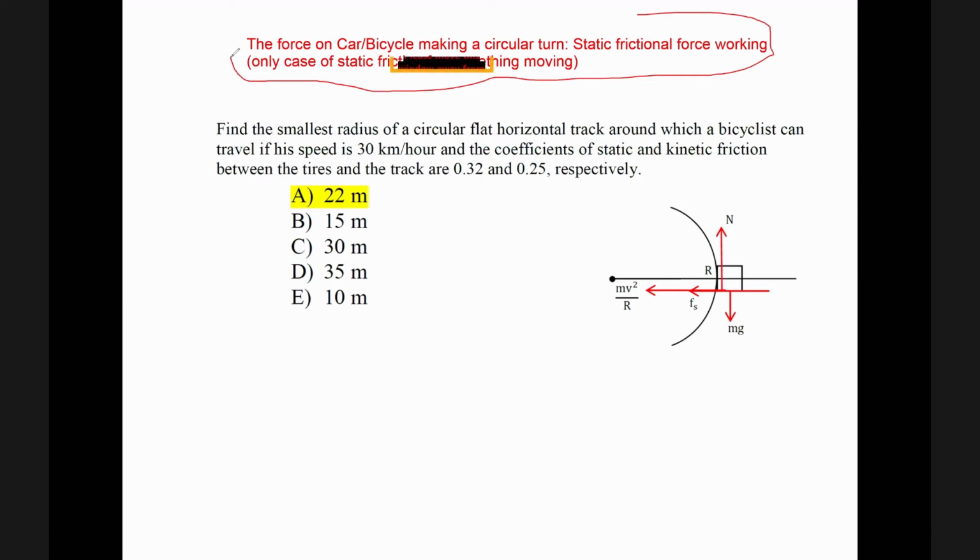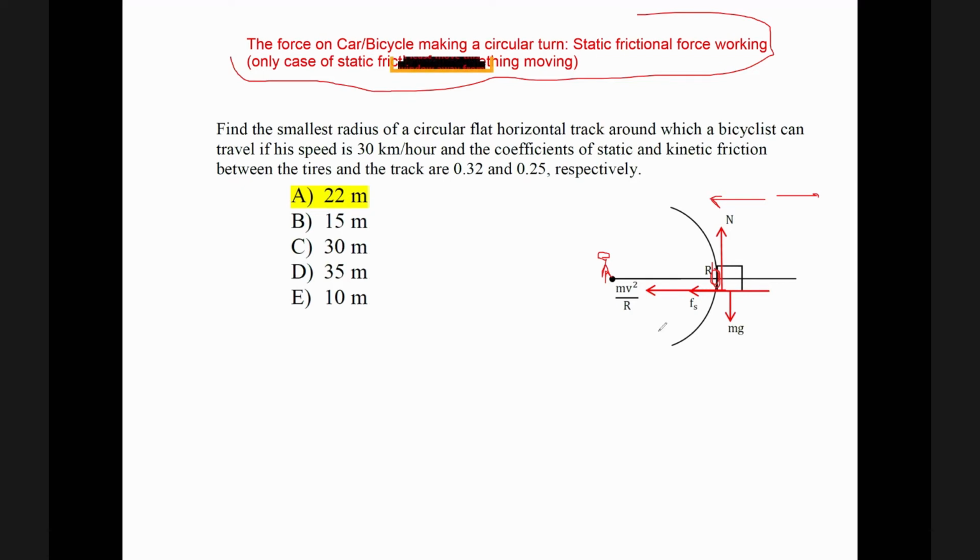Why static? Because if somebody is standing at the center, he will not see the wheel of the car rotating. He will see it stand still. So relative to him at the center, the wheel of the car is not moving. If the car is moving toward him or away from him, then you have to use kinetic frictional force. But because it is not moving relative to him, we use a static frictional force.